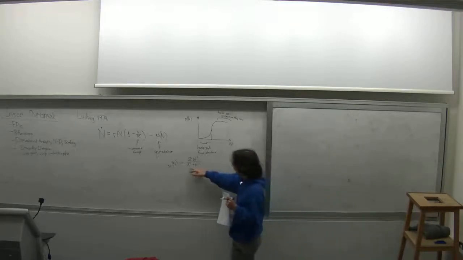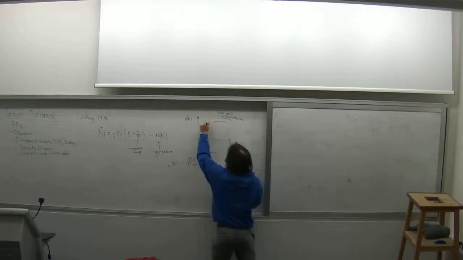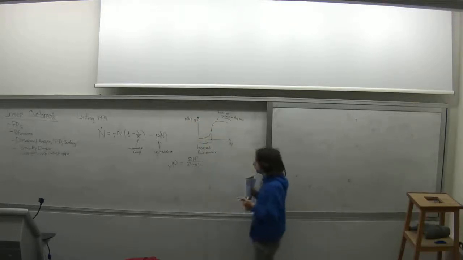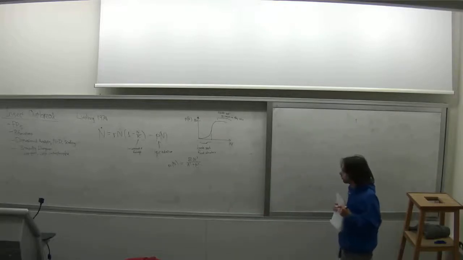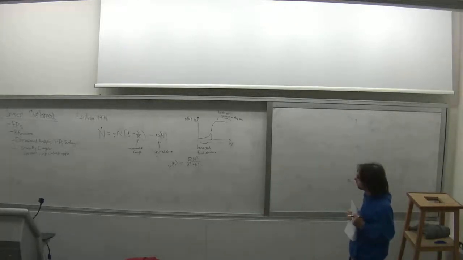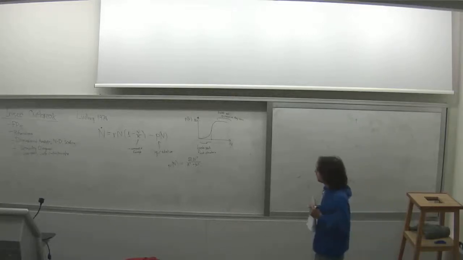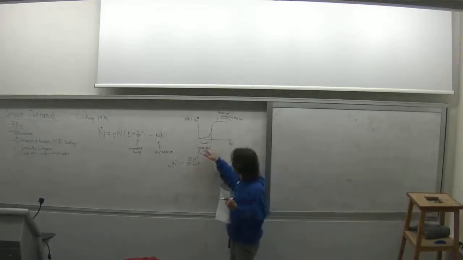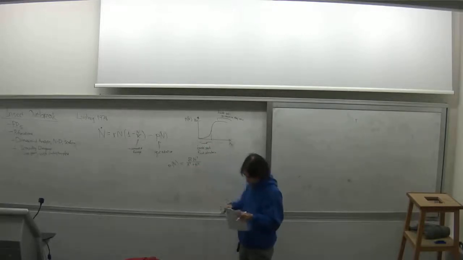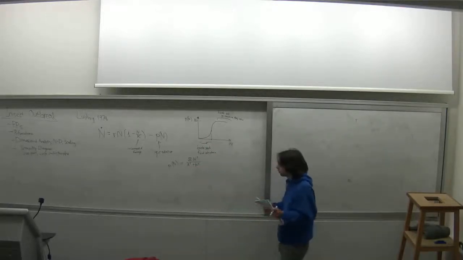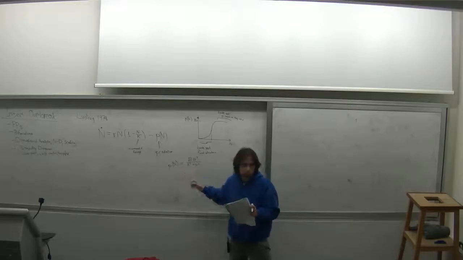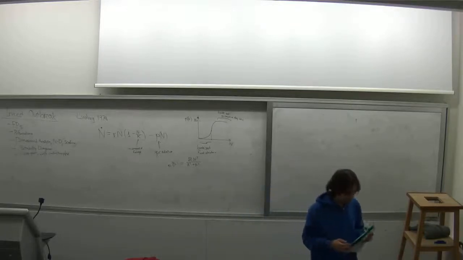So when n is very large, then the rate of predation is approximately b. It tends towards b. And the onset depends on this parameter a. It's a kind of critical population for the onset of the predation, a kind of threshold.